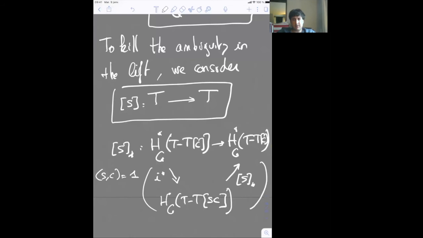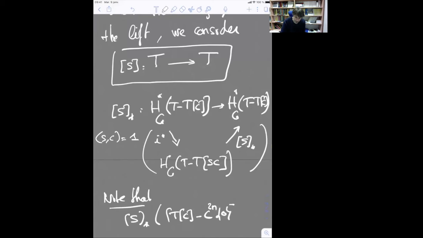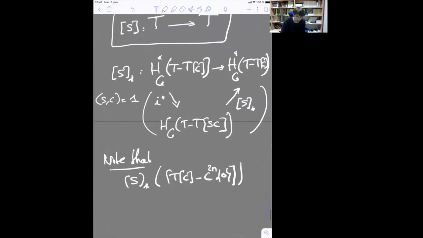And now, in general, so for example, if S is prime to C, note that the push forward of the TC minus C to the n 0 is equal to TC minus C to the n 0.